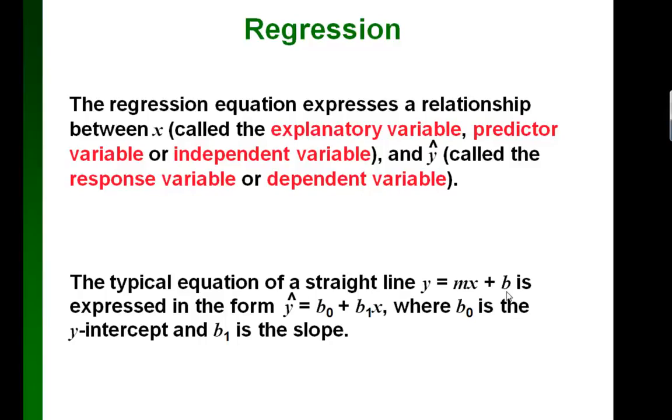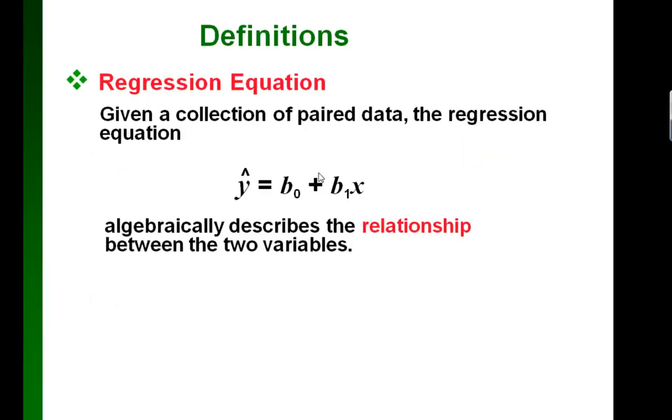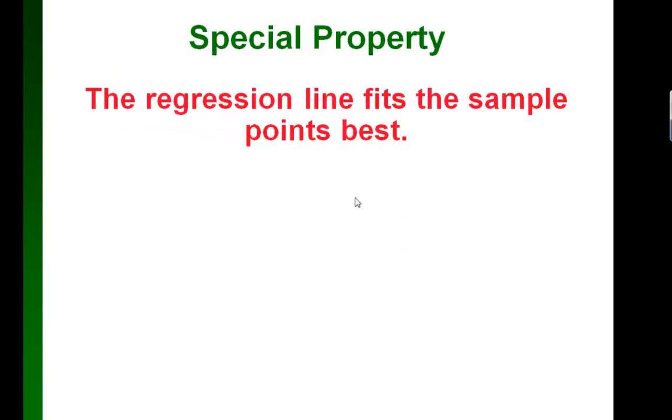In this case, we're using y with a caret, and b0 is going to be our y-intercept, and b1 is going to be the slope of the line. So this is where we can use our linear relationship to predict values for y if we have an x value. And the regression line is just the one that runs the closest to the points in the data set.